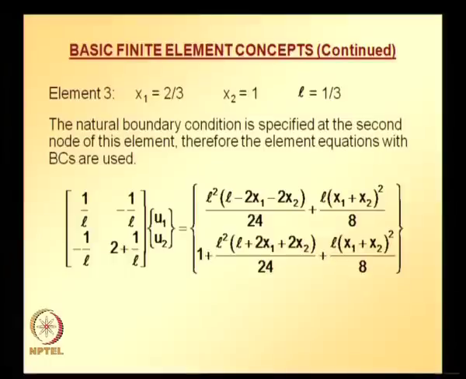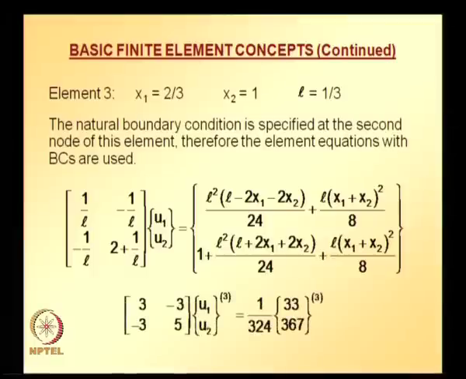Here the natural boundary condition is specified at the second node of this element, therefore, the element equation with BCs is used here, and plugging into this equation system the x1, x2 values and length of the element, we get element equations for element 3.